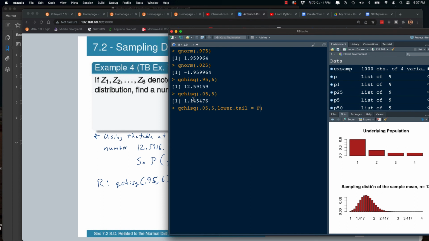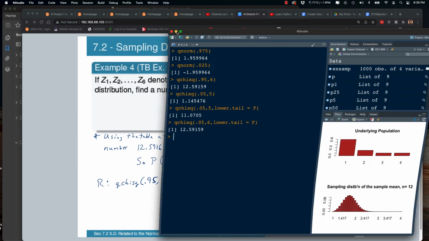In other words, you want the upper tail instead of the lower tail. It should be 6. It gives us the same value. I like the fact that it automatically does the lower tail first, and then if you had to do the opposite end, you could just figure out alpha and plug it in to get the lower side. So it works out pretty well that way.